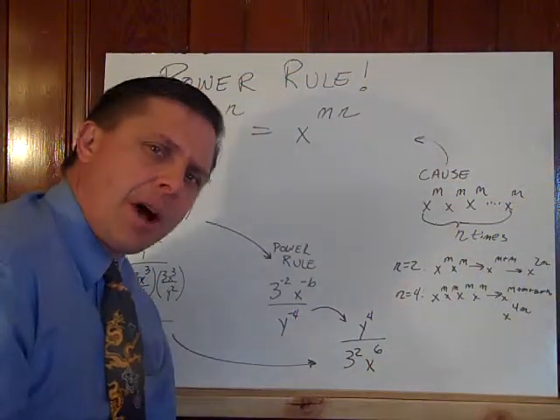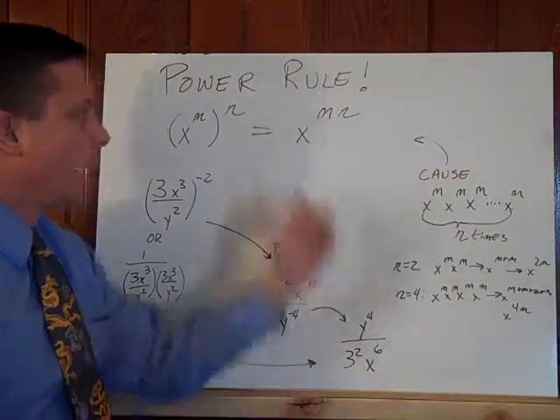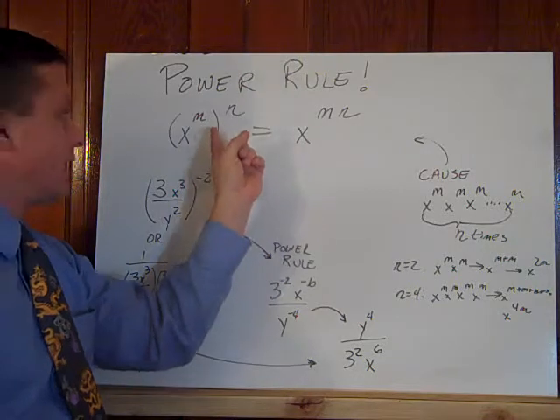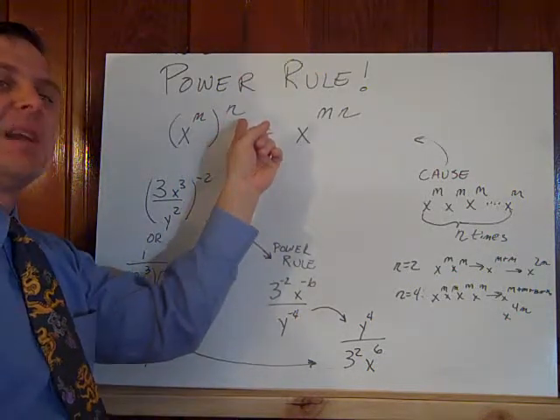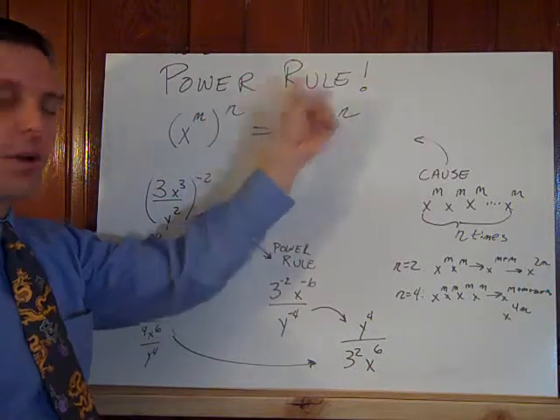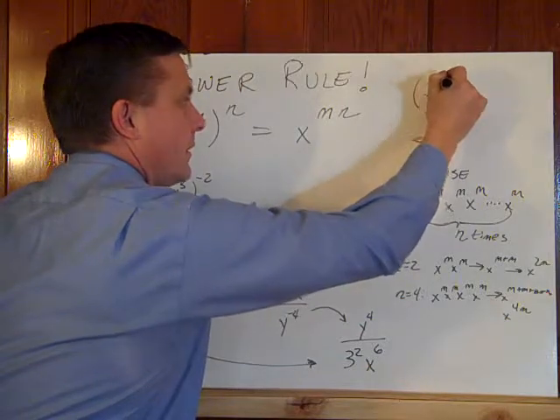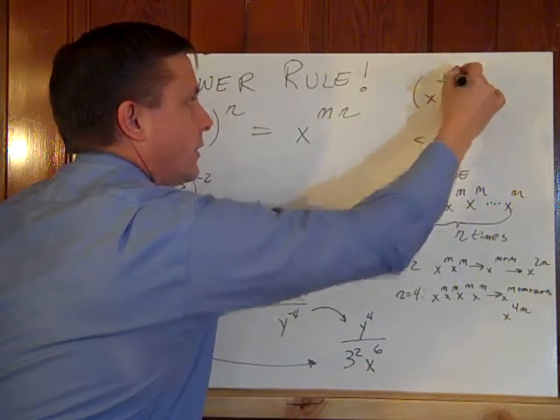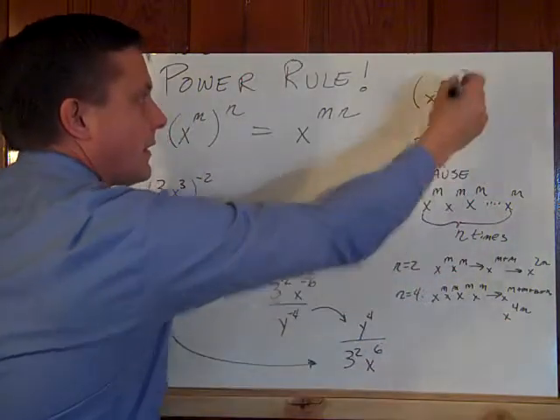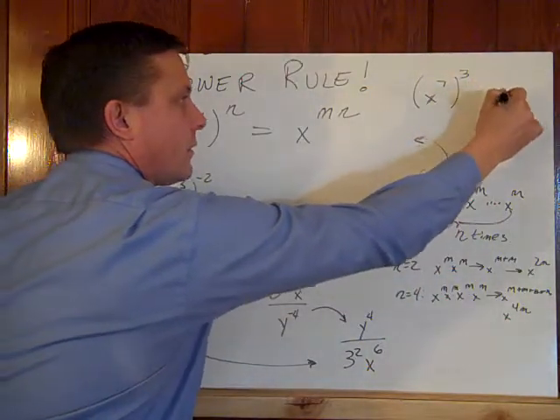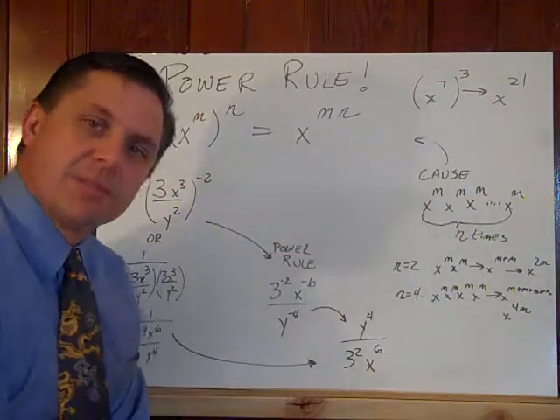That leads us to the power rule, and maybe you saw it on the last board. When you have something raised to the m power, you can raise it to the n power again, 2 powers. It's a power rule. You can multiply. So in that last example, if I have x7 cubed, it's doing x7, x7, x7, but instead you can simply shortcut to x21, m times n.